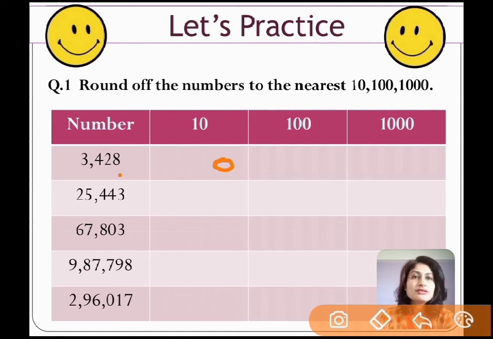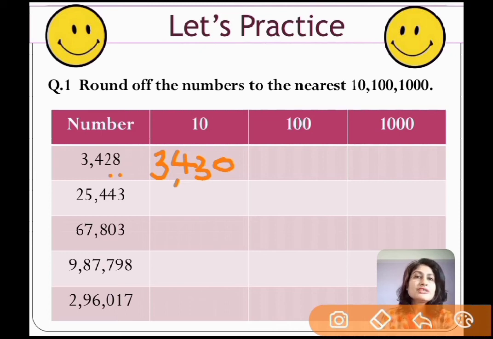So here what is in the tens position? It is 2. So 2 plus 1 is equal to 3 and the rest of the digits are as it is. So the answer is 3,430.